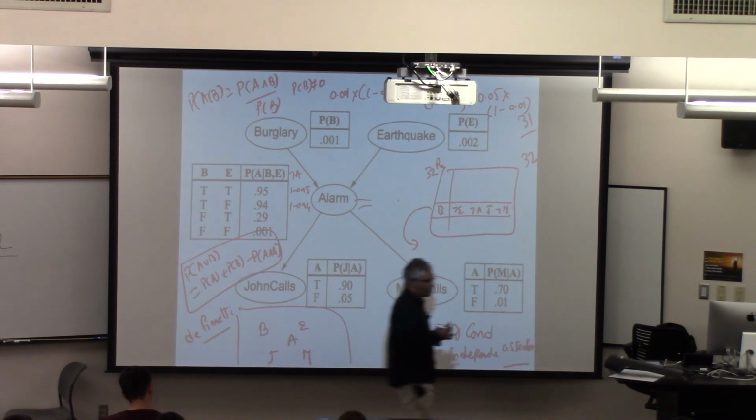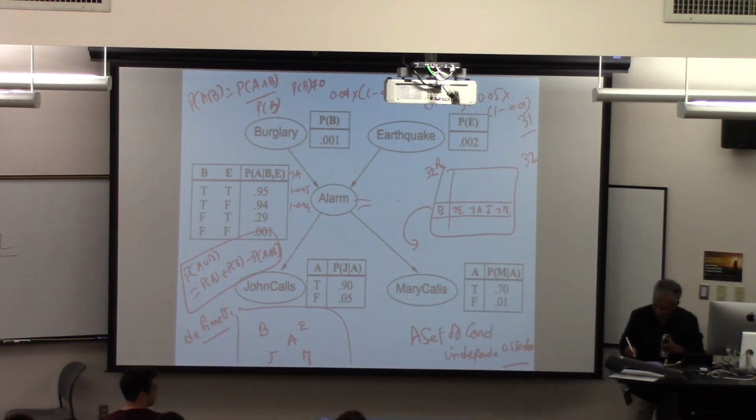And so if I want to solve that, what I'm asking here is the probability distribution of alarm given B, E, J, M, right? And that's nothing but P(A, B, E, J, M) by P(B, E, J, M).